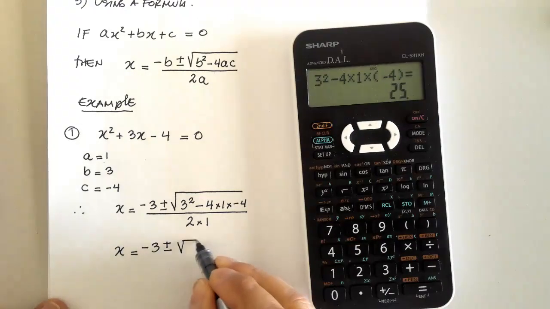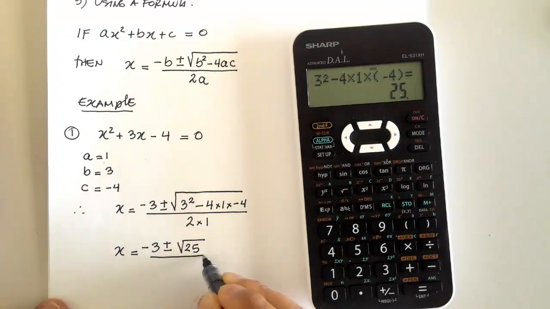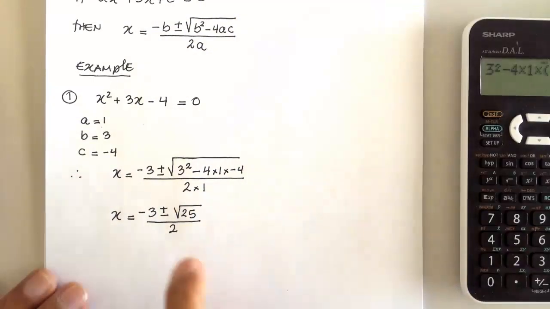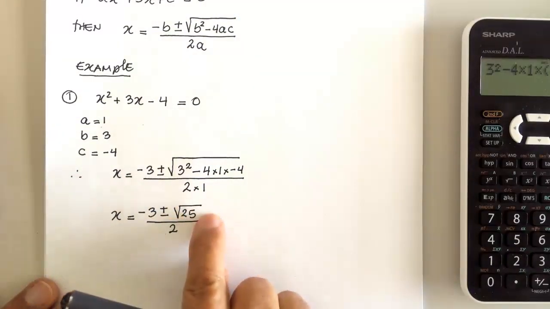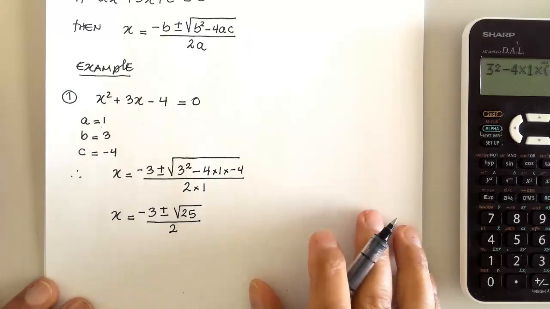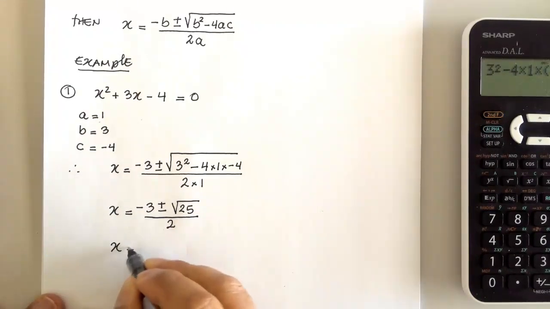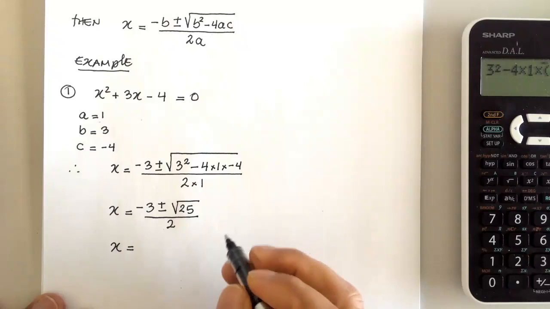Okay, so that will give you 25, and then divide that by 2. And this time we were lucky because we can simplify the square root of 25. Most of the time you won't be able to do that, but let's take advantage of that.